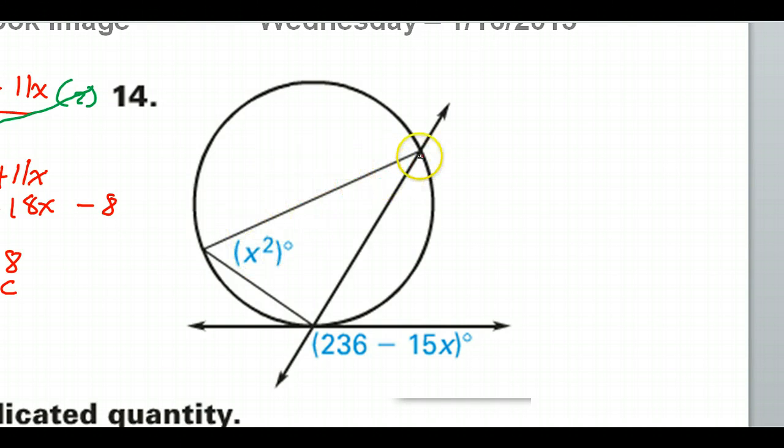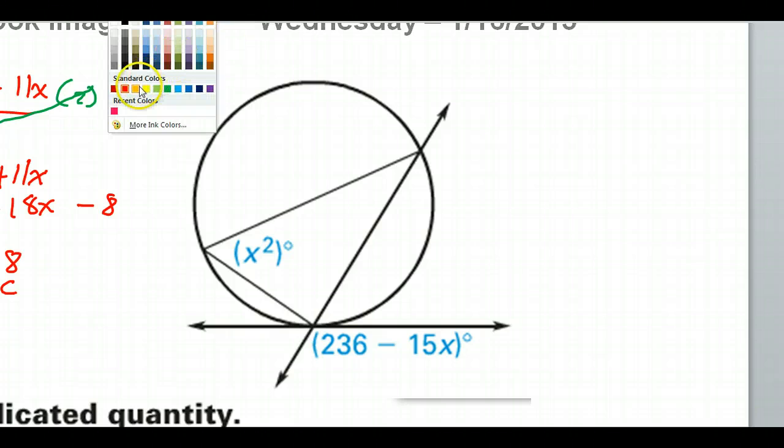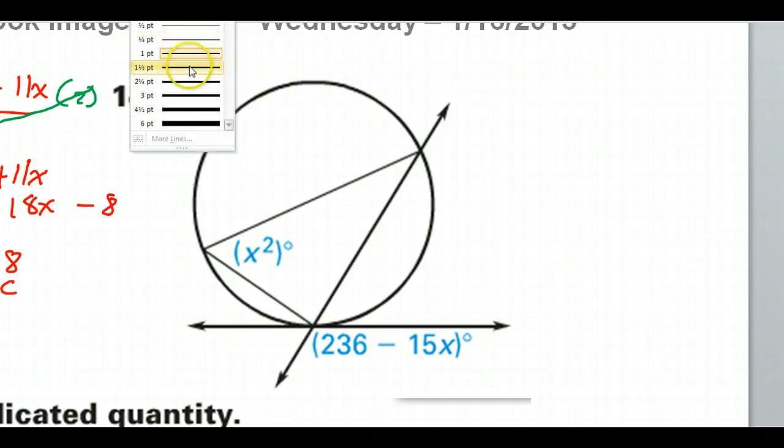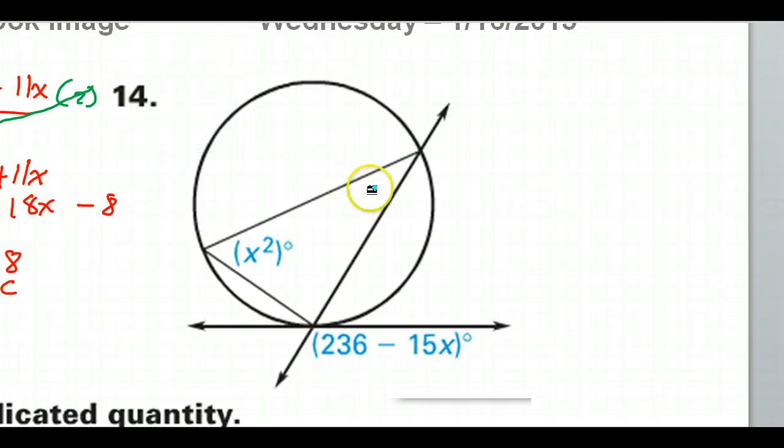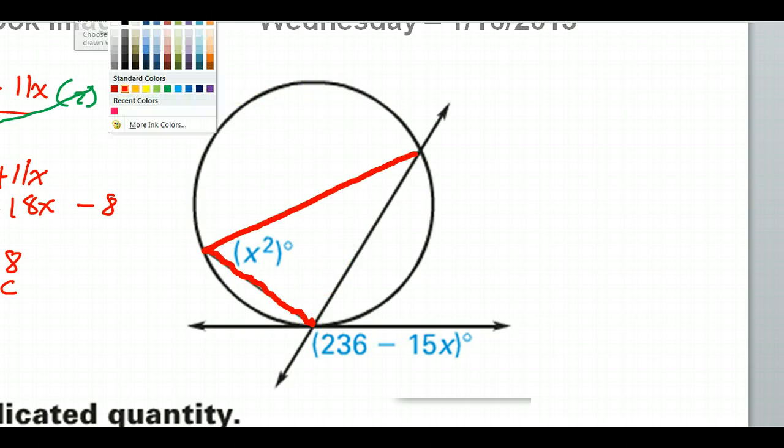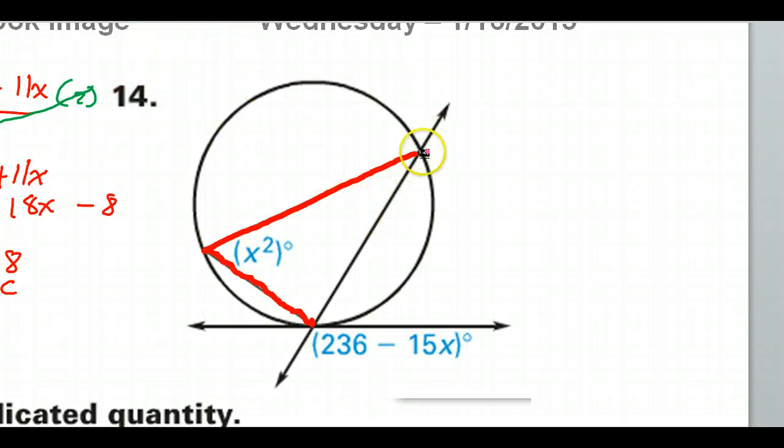This x squared is this angle right here. Let me just highlight it for you a little bit better. Okay, this angle right here is your x squared. It goes like this. Now, let's look at the arc that goes with that angle. The intercepted arc for that is this arc right here that goes like this.